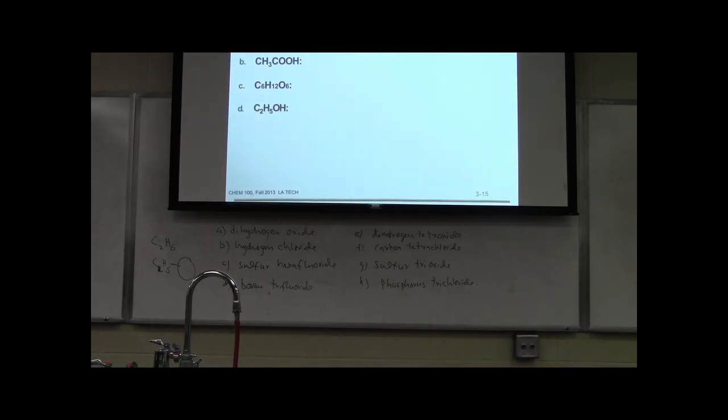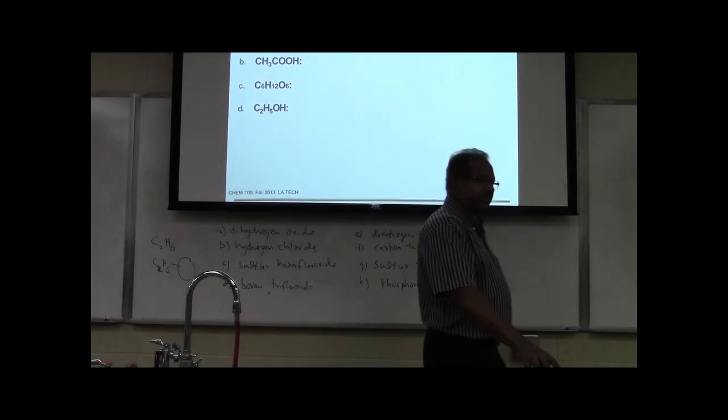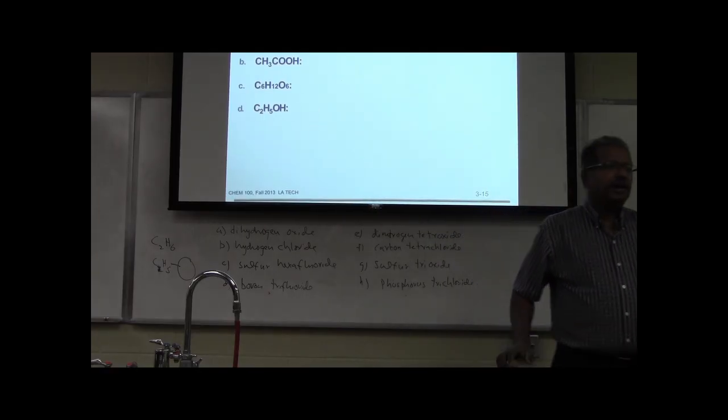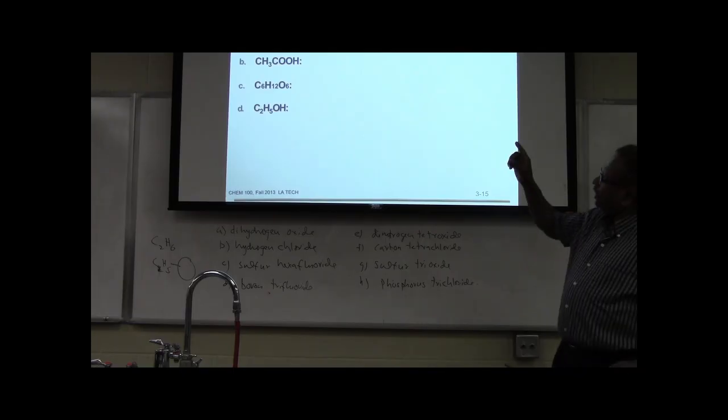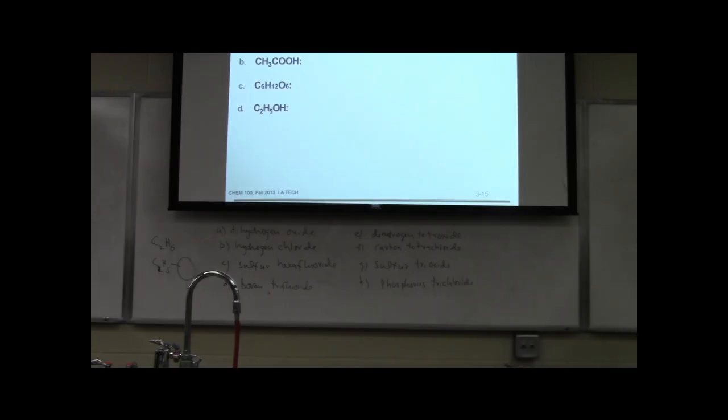Give the common name of the following molecular compound. What is that? Ammonia. Now this one, it says the molecular formula C2H4O2, the molecular formula we normally write down, this is the acid.